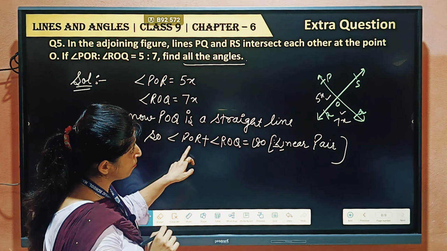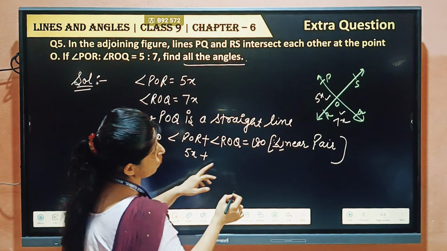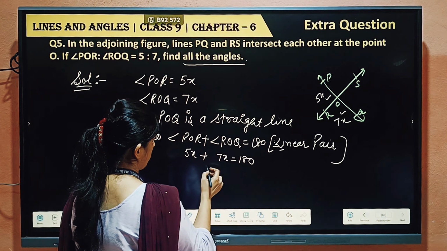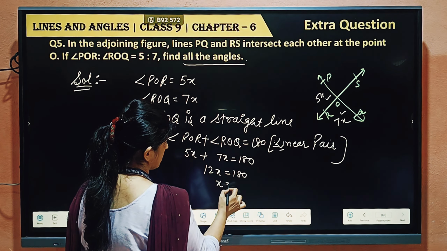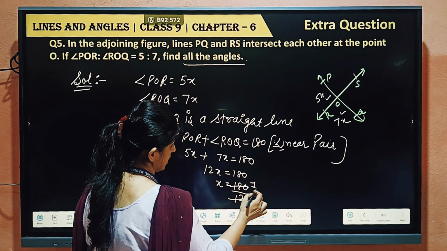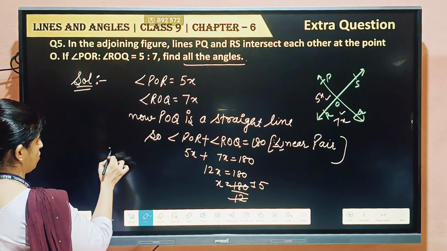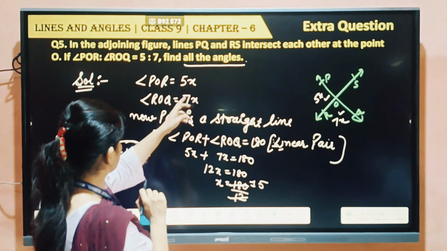POR is 5x and QOR is 7x. 7 plus 5, 12x is equal to 180. x is equal to 180 by 12. 12 ones are 12, 12 fives are 60, 15 multiplied by 12 is 180. So x value is 15.